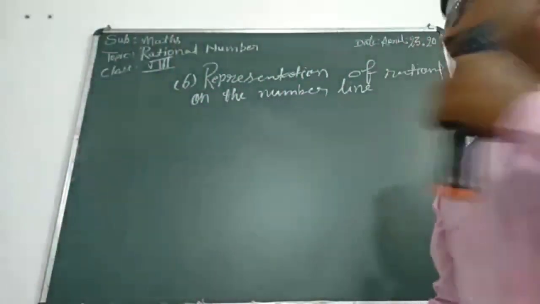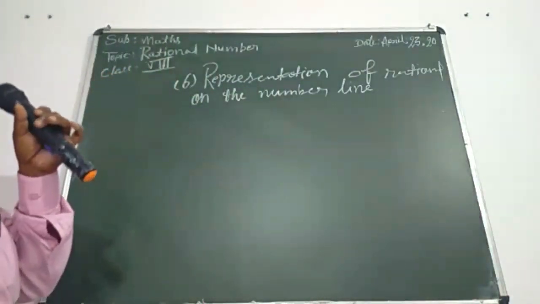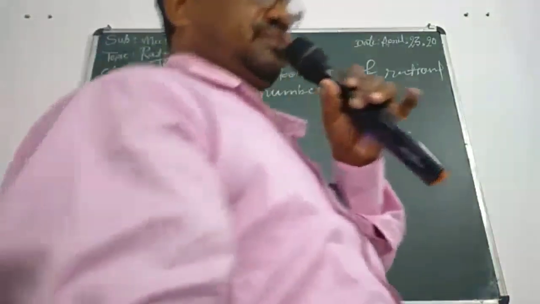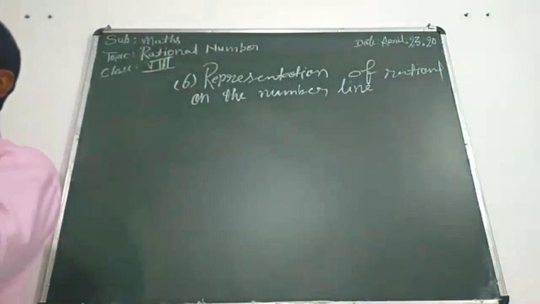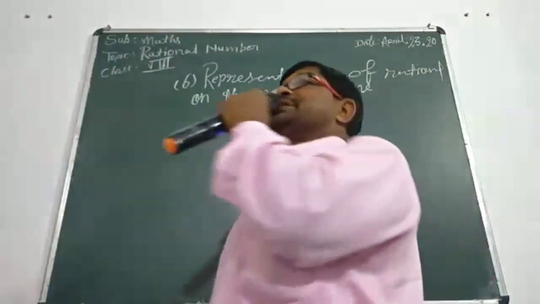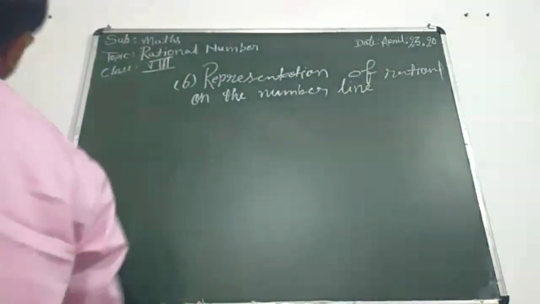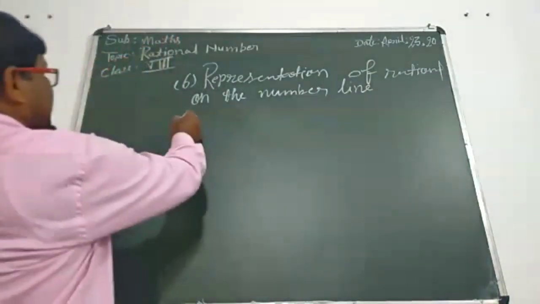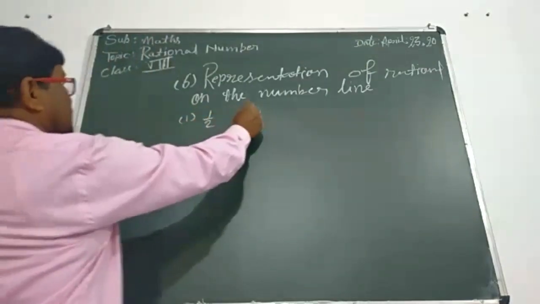Representation of rationals on the number line. Okay, first question, 1 upon 2.